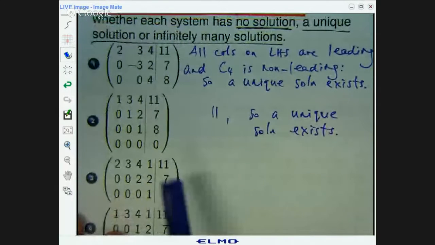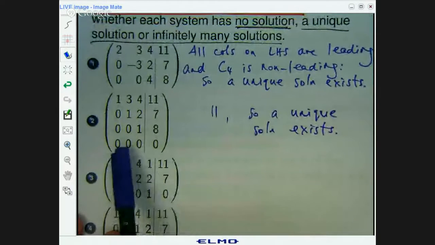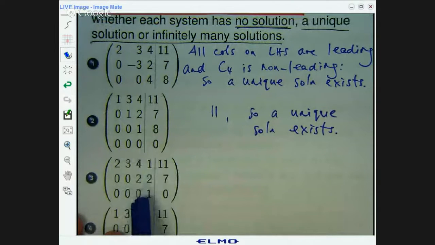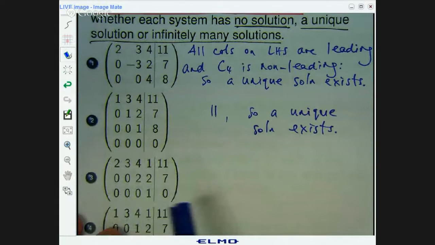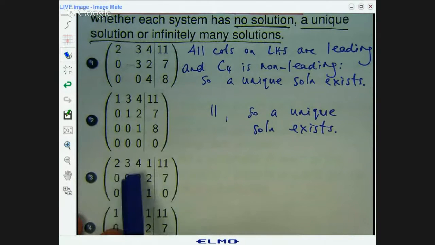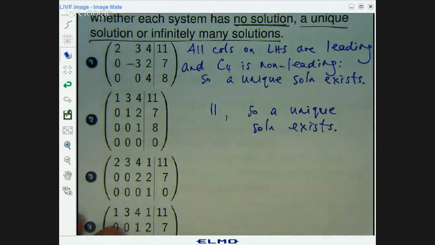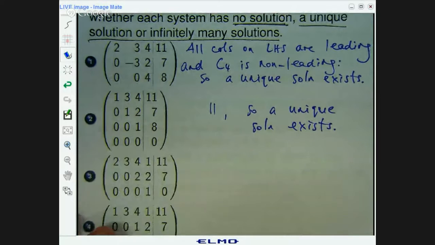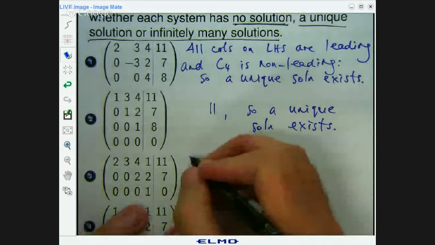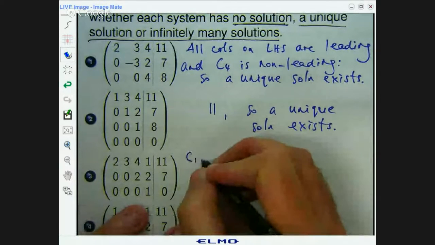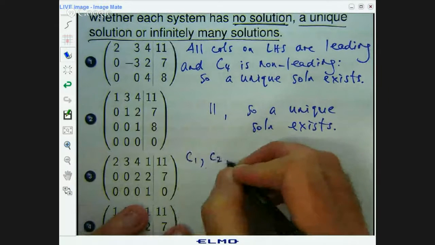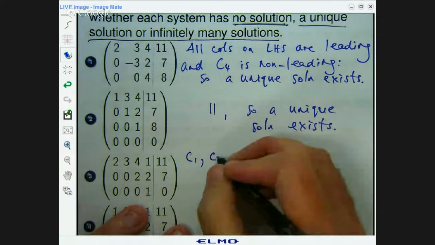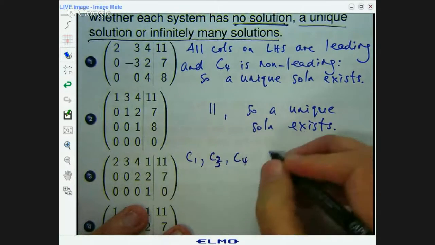Okay, let's keep moving. Let's look at this one. Okay, that's in row echelon form. This column's leading. This column's leading. This column's leading. This column is not leading. Okay. So what does that mean? And this column is not leading. Okay, so there's at least one column on the left-hand side that's not leading. All right. So C1, C3 are leading.